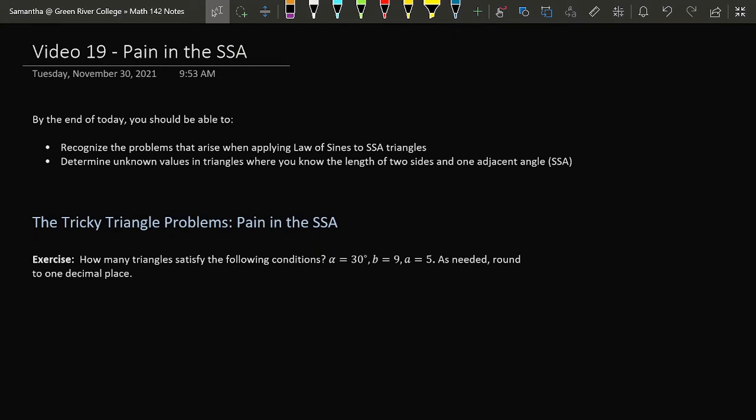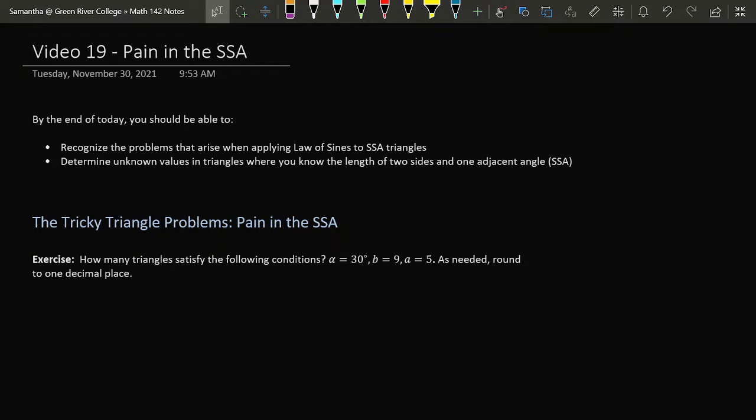In this video, we are going to tackle the problem of what is called an ambiguous SSA triangle. An ambiguous SSA triangle is an SSA triangle problem where, when you're trying to calculate one of the angles using law of sines, that angle might actually be larger than 90 degrees.